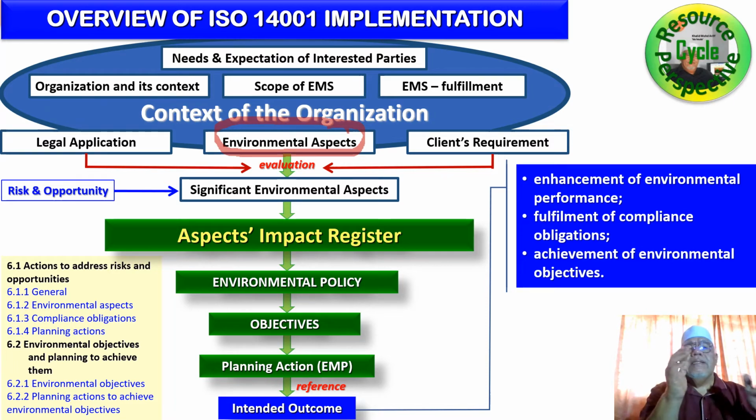Why? Because environmental aspects are what is being managed by ISO 14001. Remember the definition? It is about managing environmental aspects. How? Fulfilling compliance obligations and addressing risks and opportunities.